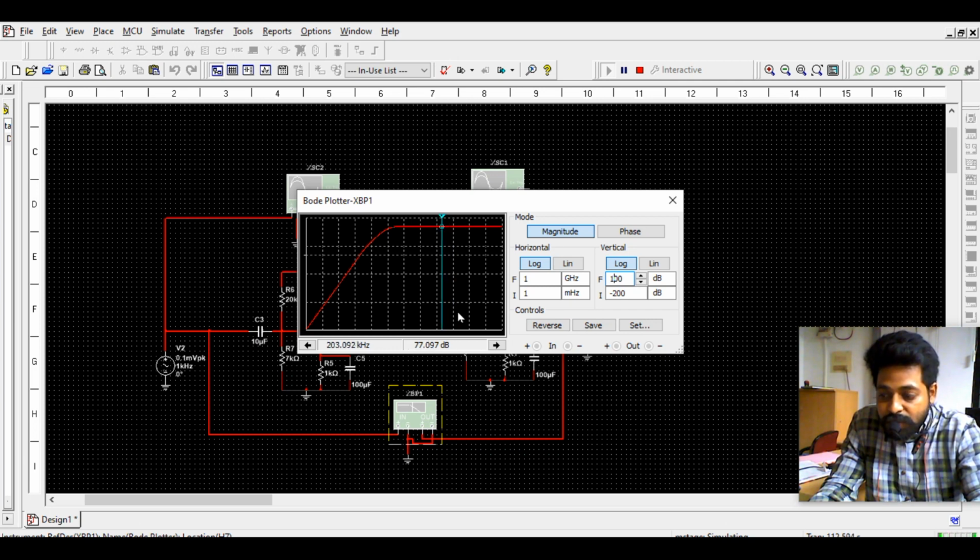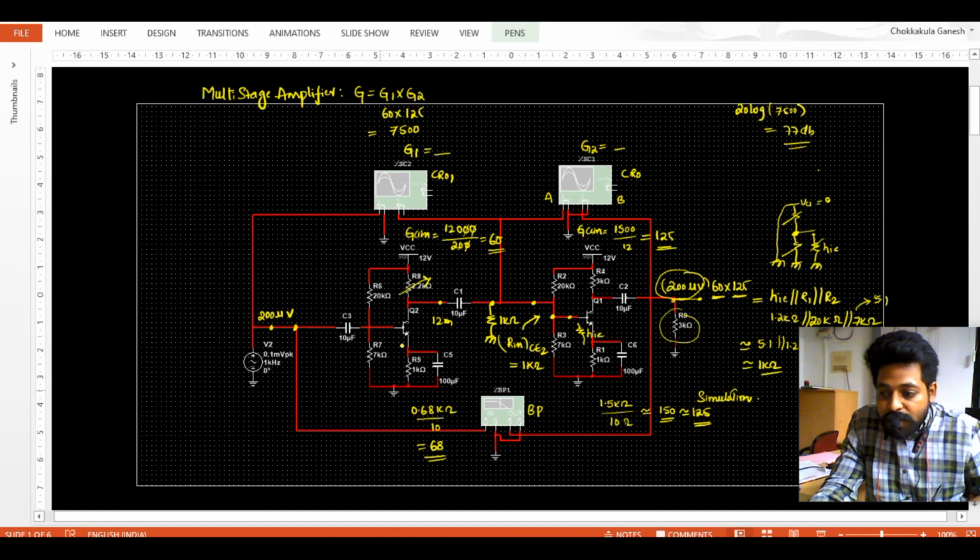You can bring the cursor over here and observe that the gain is around 77. As we expected, the gain of the first stage is around 40 dB. In a multi-stage amplifier, the gain of the first stage and the gain of the second stage in dB get added.